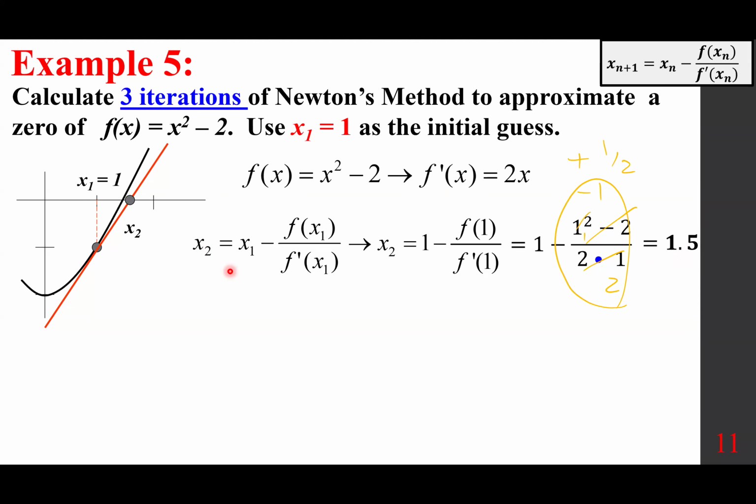So x sub 1, this is x sub 2. Now, same thing, x sub 3 is x sub 2 minus f of x sub 2 over f prime of x sub 2, where x sub 2 equals 1.5. This is the line. So let's plug in. We're going to replace x sub 2 with 1.5.